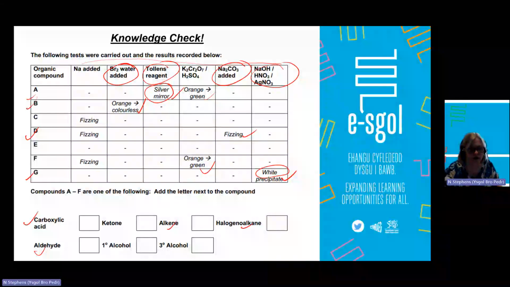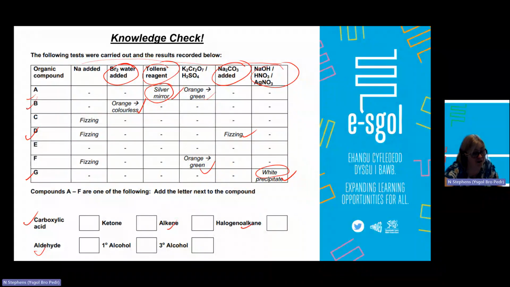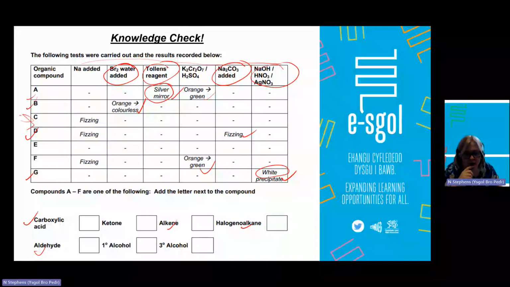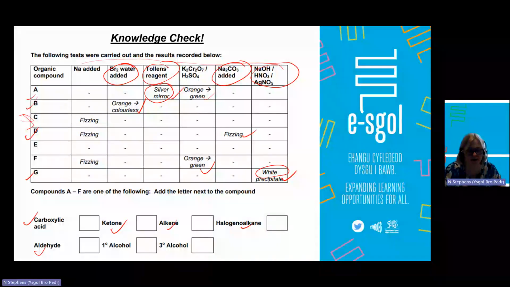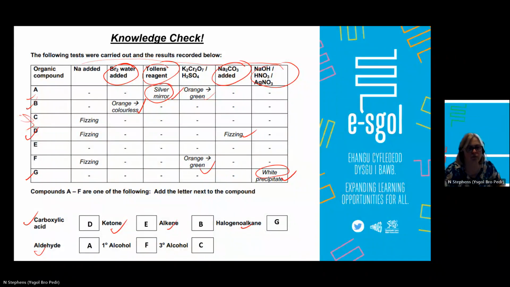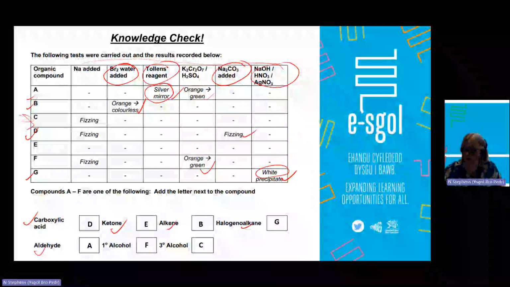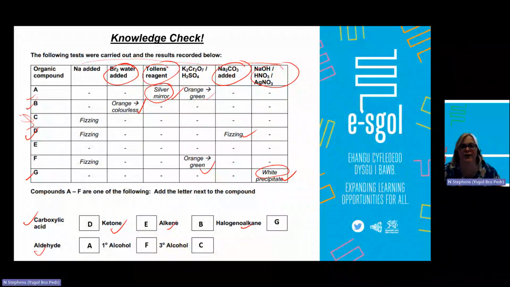So by process of elimination, the only one that fizzed but did not get oxidized, looking at this column, is the ketone, which has now been identified. And then you are looking at differentiation between a primary and a secondary alcohol. And we know, therefore, that we have those as the only possible solutions to that problem. So hopefully you got that right.